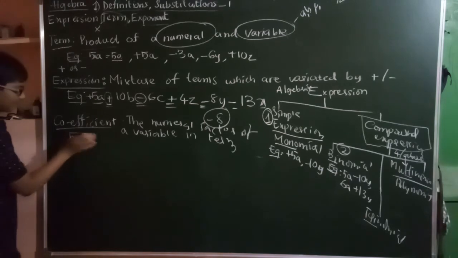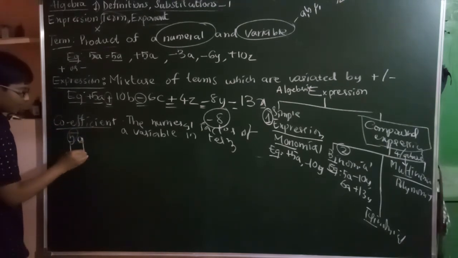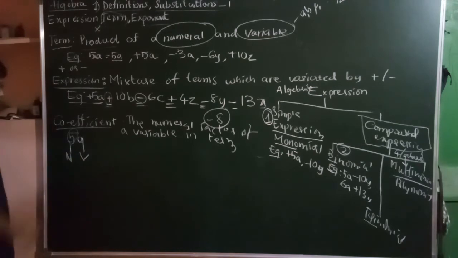See here in the expression 5a, let's take this example. This is a numeral and this is a variable. When we multiply a with 5, we are multiplying a numeral and a variable. Here the numeral is known as the coefficient for this variable, the variable part of the term.